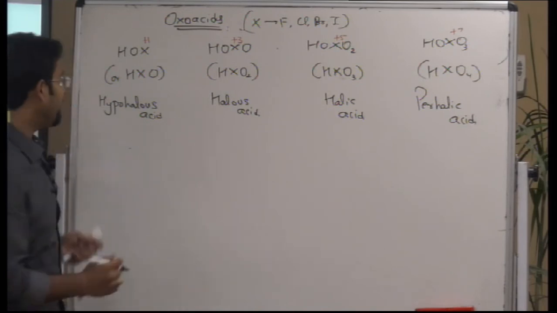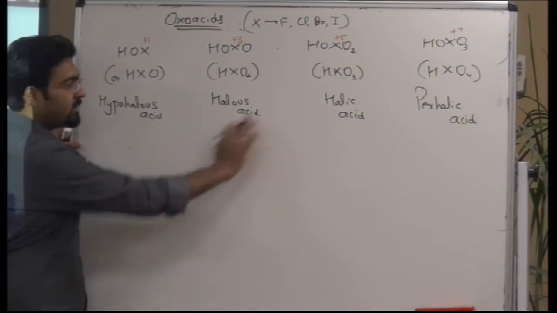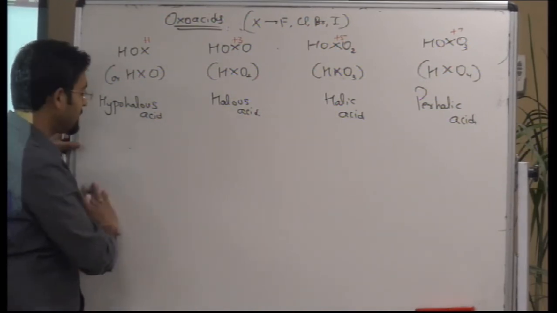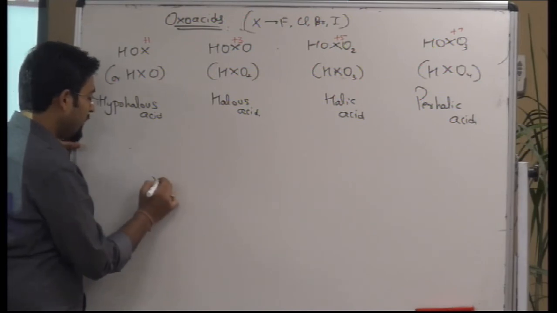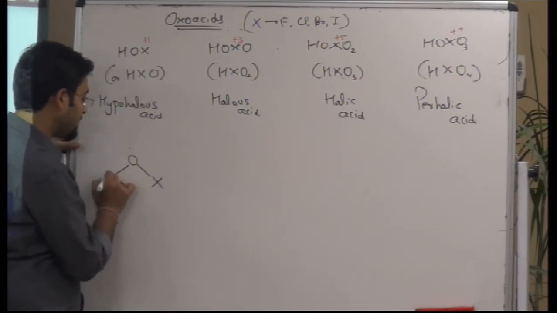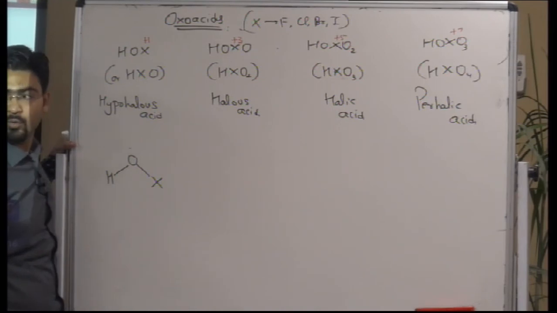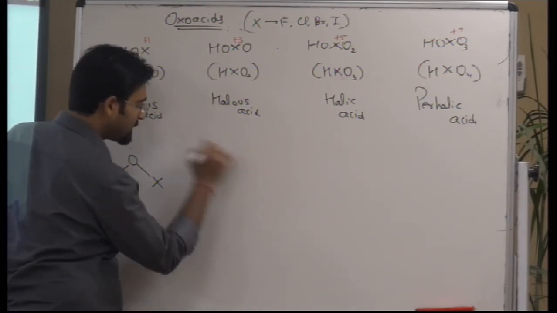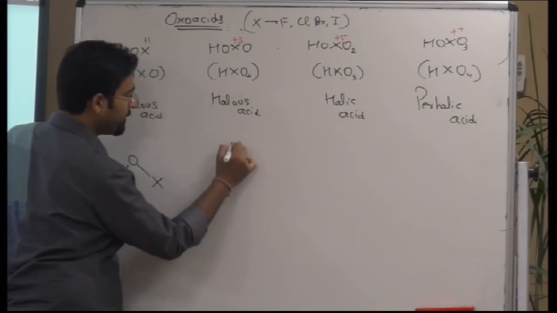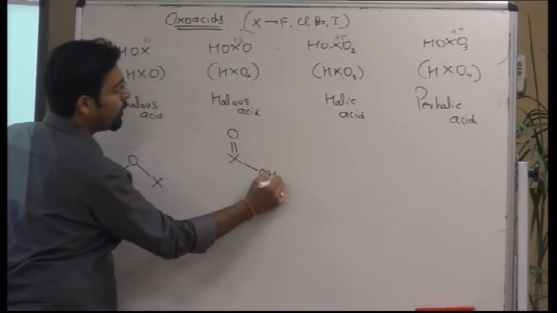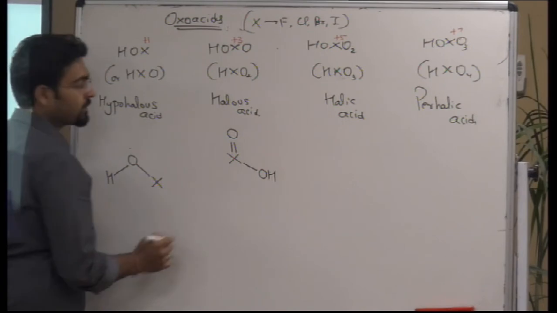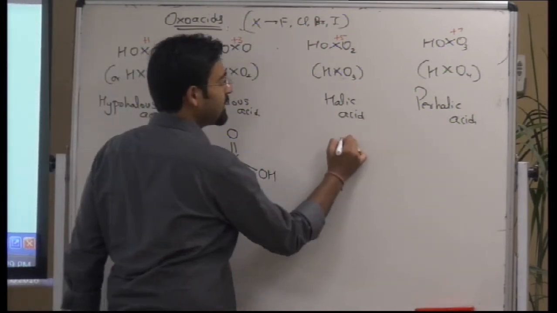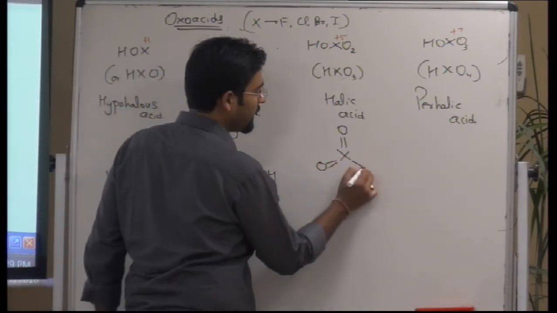Right? If I talk about the structure of these oxoacids of halogens, hypohalous acid is of this kind, HOX. The halous acid is of a different kind. This is X double bond O, OH. This is X double bond O, and then OH.